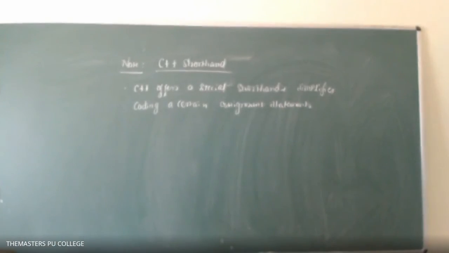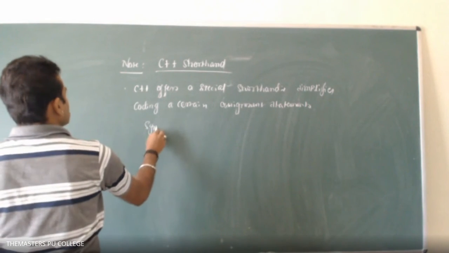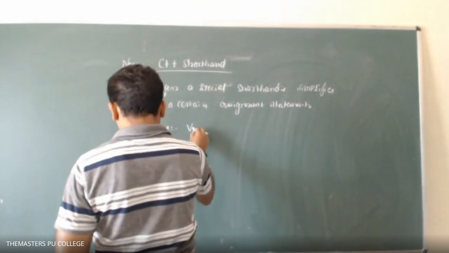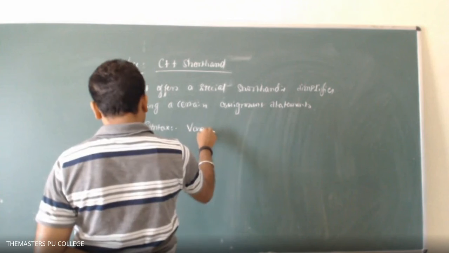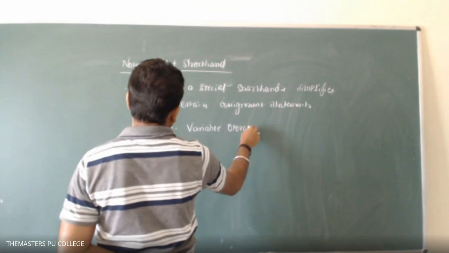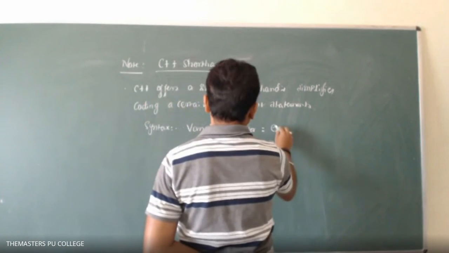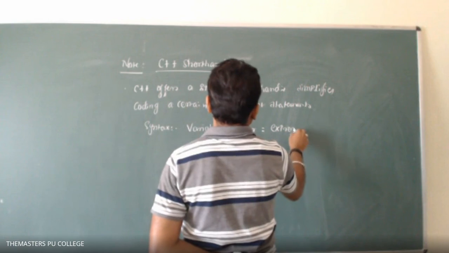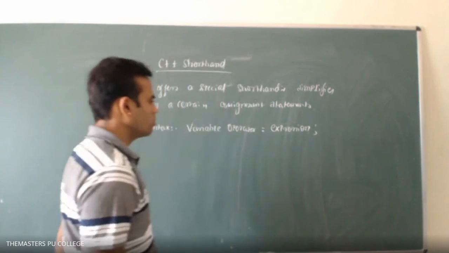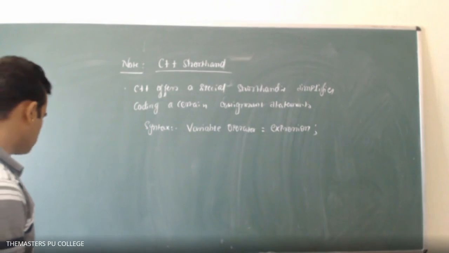The syntax is: variable operator is equal to expression, followed by a semicolon.